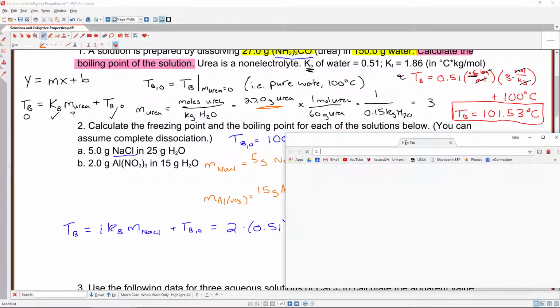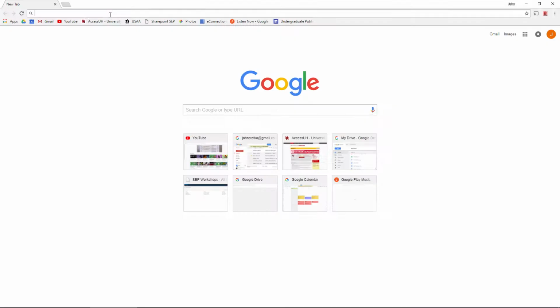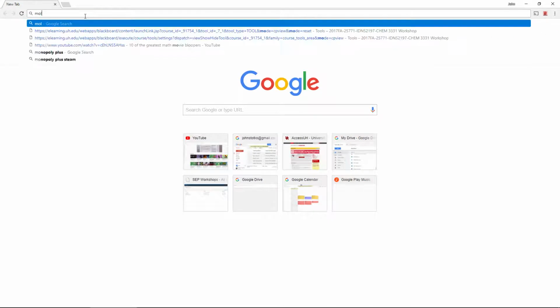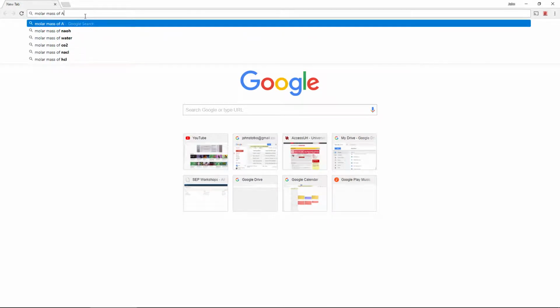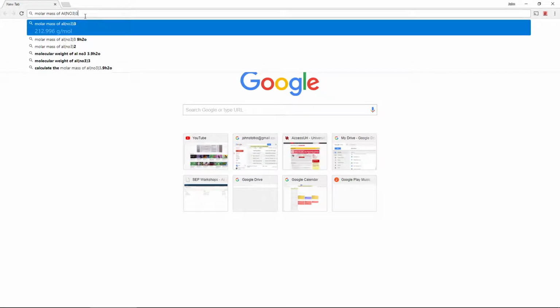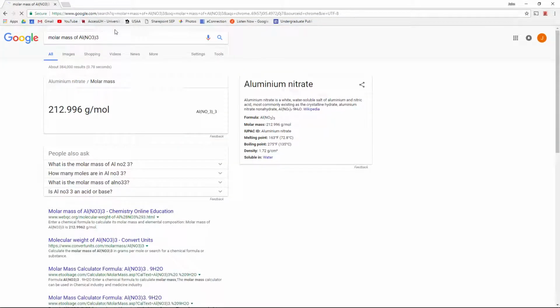Okay, and to get the molar mass, I am going to use Google. So molar mass of aluminum nitrate. Go! Let's see, I want to make sure that this is not the hydrated version of that, because I know that it forms a hydrate. Right there, hydrate.